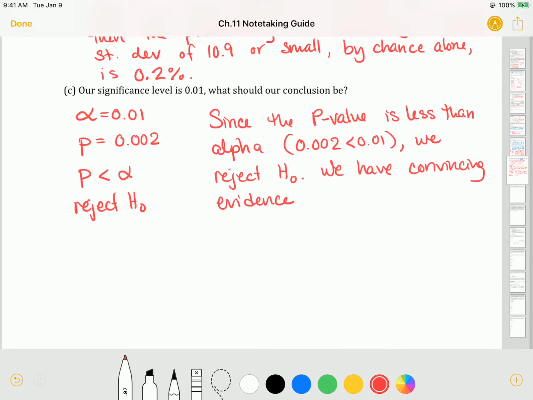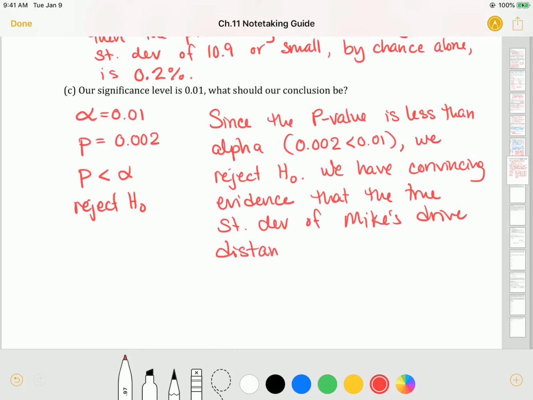So we can say we have convincing evidence that the true standard deviation of Mike's drive distances with his new 7-iron is less than 15.